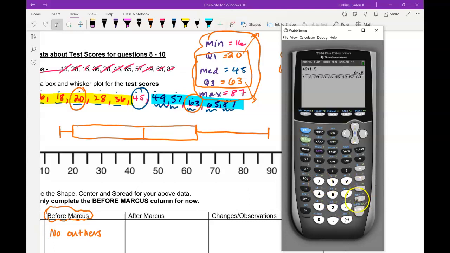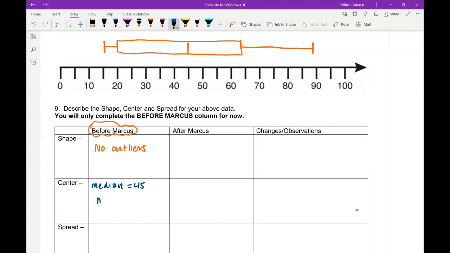I hope you are doing this at home along with me. 65 and then 87. Okay, so we get a sum of 484. And again, since we had 11 numbers we just added, we divide that by 11. And we get that our mean is 44. So our median and mean aren't too far apart from each other.